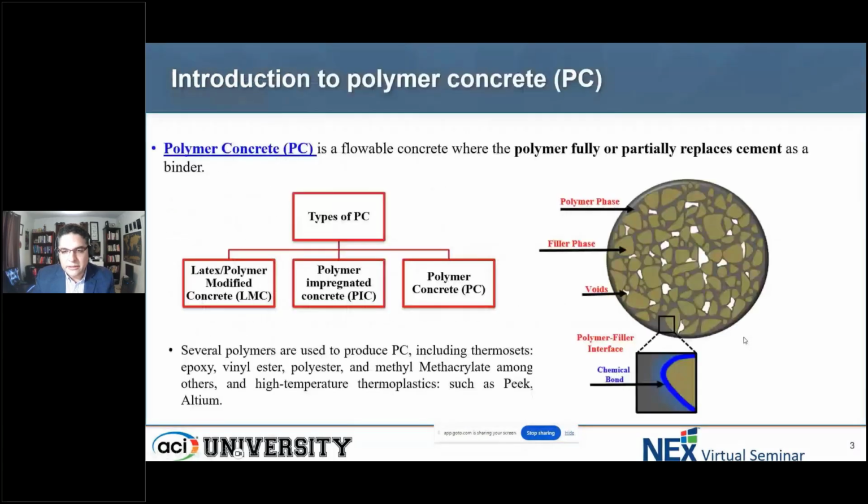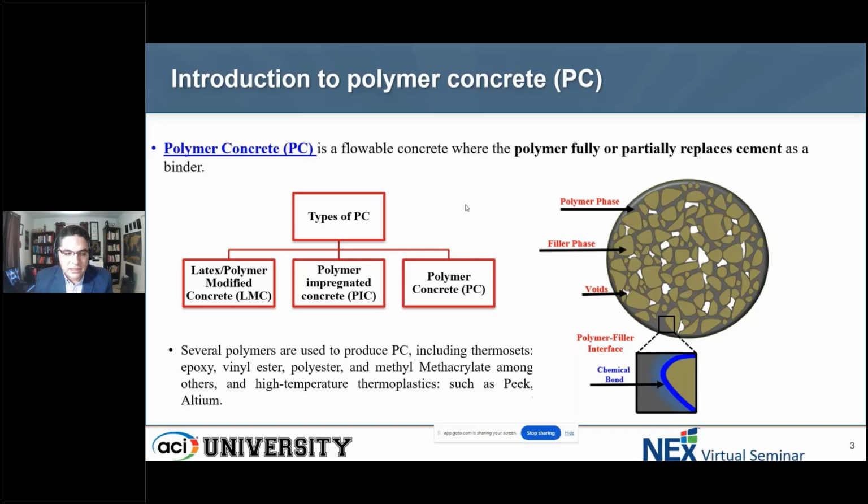So the polymer concrete is an interesting material, a little different than the typical materials we've been using. There are multiple types of polymer concrete. As you can see here, there is what we call latex modified concrete, there is polymer impregnated concrete, and there is polymer concrete. The latex modified concrete is a case where we add a polymer latex to the normal concrete as we know it, with the cement and the aggregate.